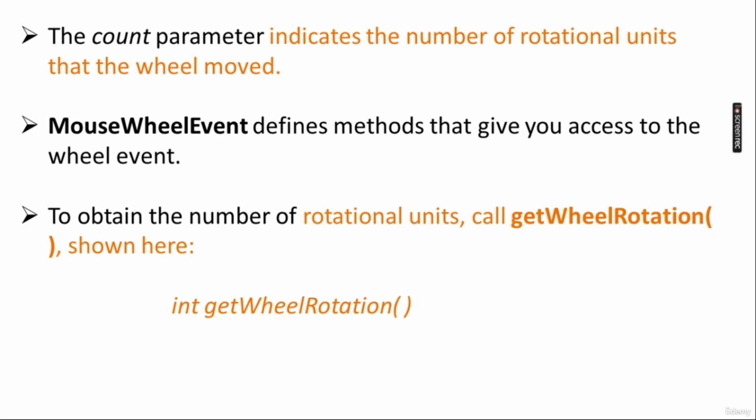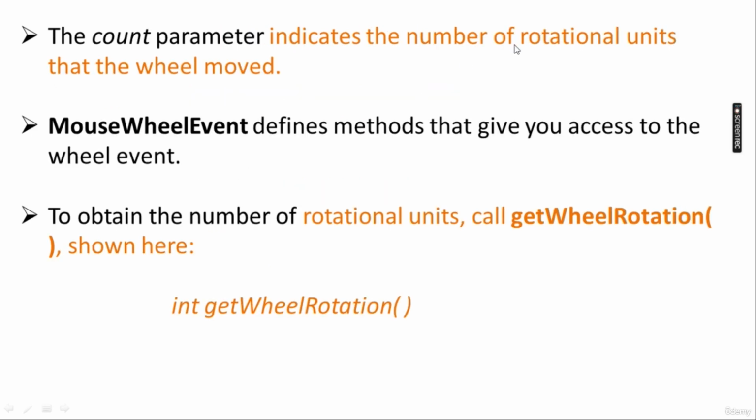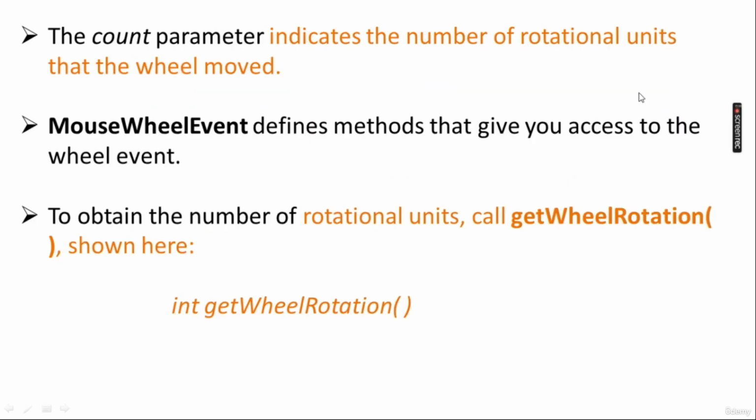The count parameter indicates the number of rotational units that the wheel moved. So amount will have the number of units to scroll, and count will give you the number of rotational units that the wheel moved. Suppose the amount is 2, you are scrolling 2 by 2, and your count parameter is 5.